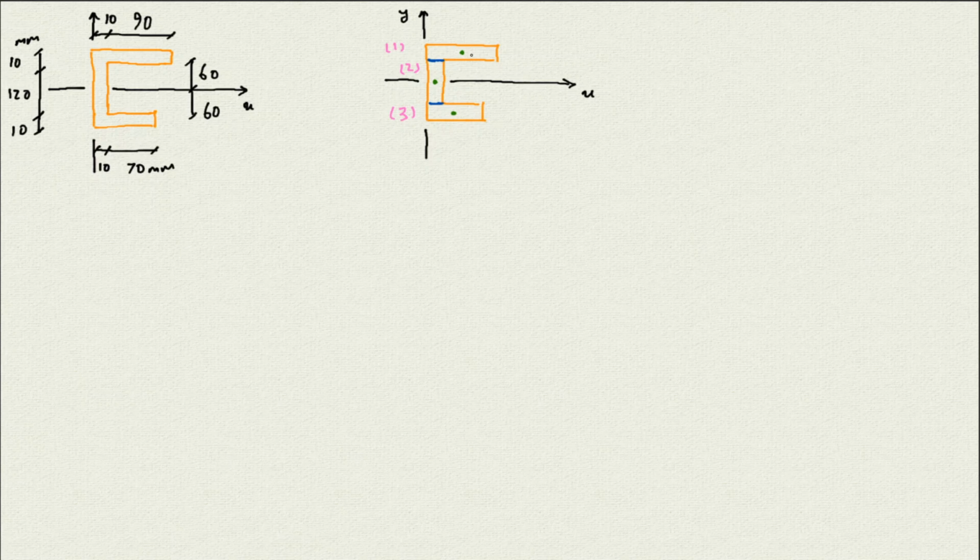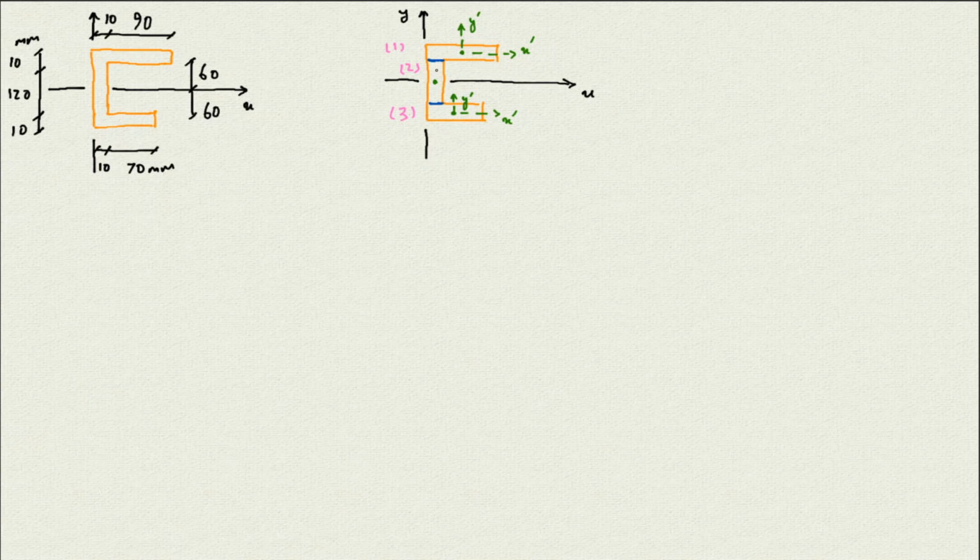Now I will find the distance between the axis going through the centroid and either of these x and y axes. So here, for example, this is going to be the x prime, and it's going to be the y prime. So the axis going through the rectangle. The same here, this is going to be the x prime, and this is going to be the y prime.